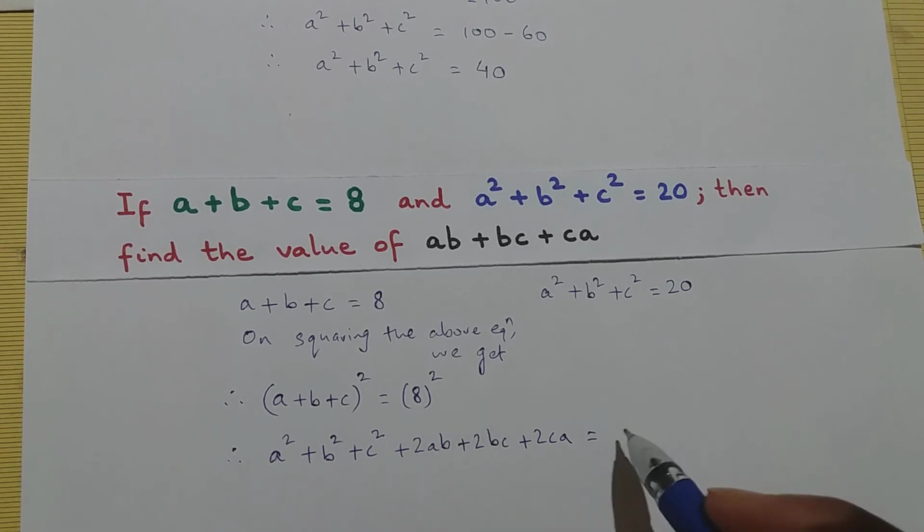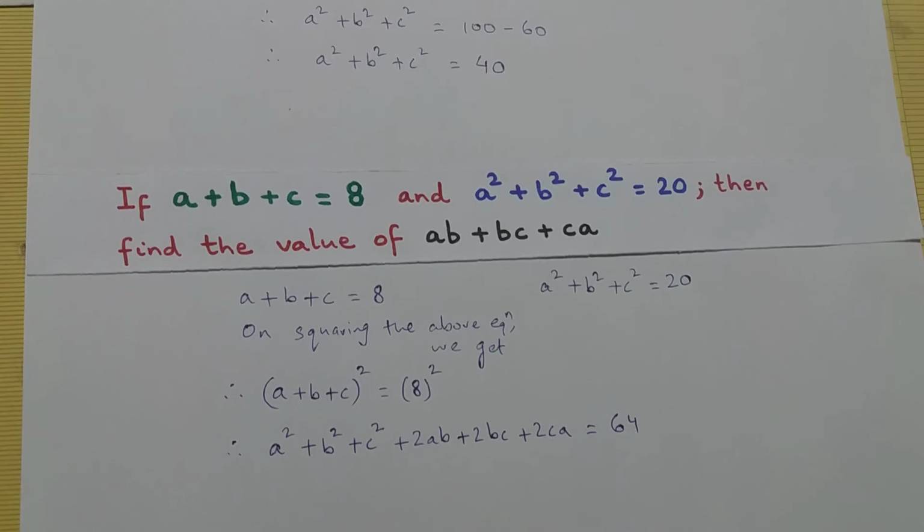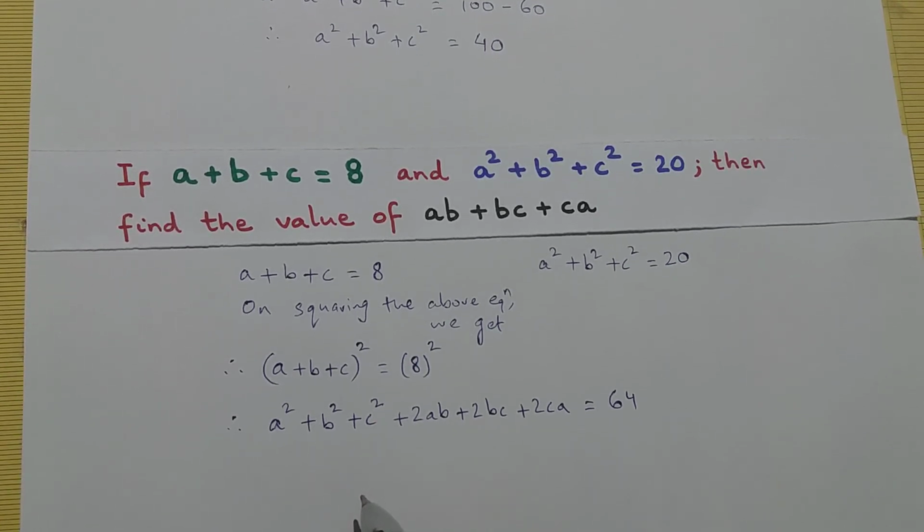The value of 8 square is 64. So we have a square plus b square plus c square plus 2ab plus 2bc plus 2ca equal to 64.